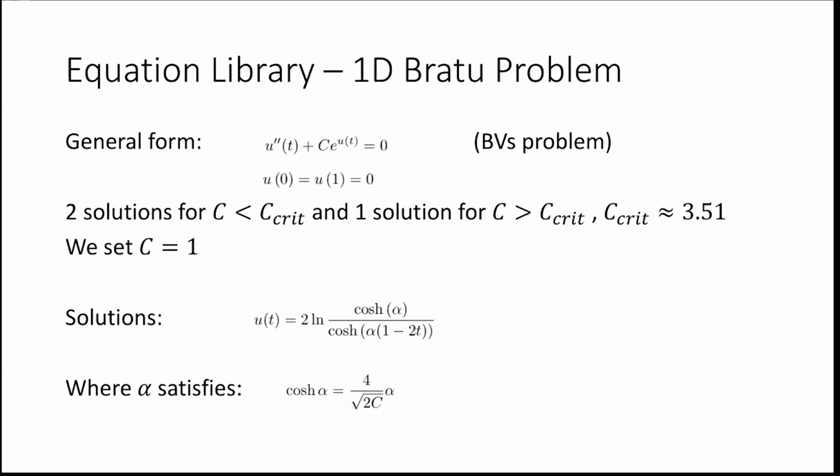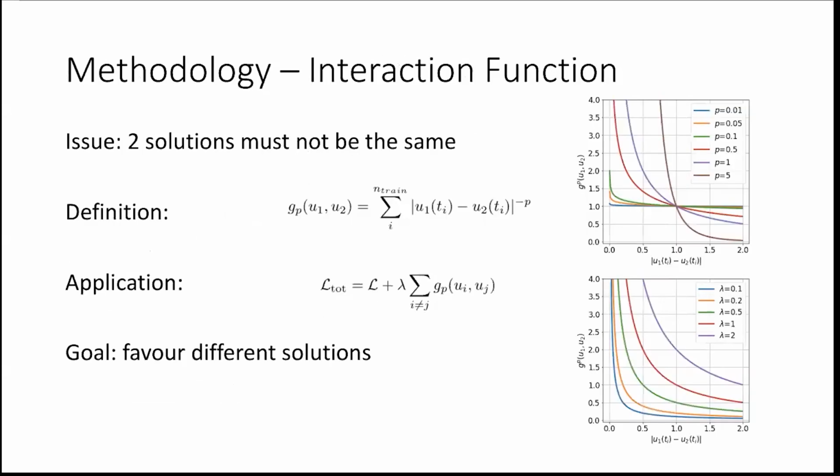The analytical form is known both for the Clairaut equation and the Bratu problem, because we want to test the algorithm and understand if it's working or not. But in principle, it can be applied to all different equations, even if we don't know the analytical solution.